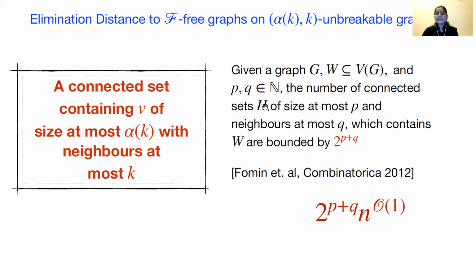So we can find all the connected sets H which contain V, are of size alpha k, with neighbors at most k. These sets are bounded by 2 to the power P plus Q. This lemma also says that we can obtain all such sets in time 2 to the power P plus Q times polynomial in n, which is FPT for us.